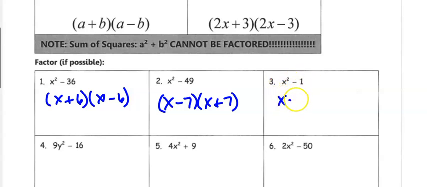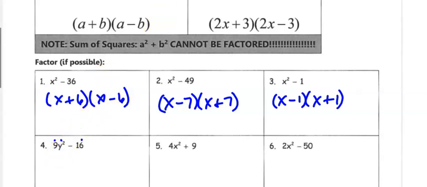So x minus 1 times x plus 1. Recognizing perfect square, variable squared. Or anytime you have the variable to an even power. So a square, something to the 4th power, 6th power, 8th power, those are all squares.